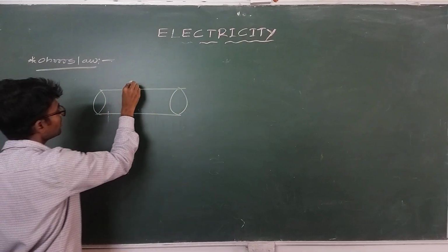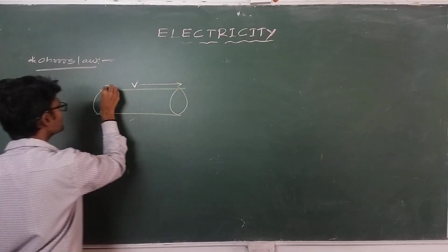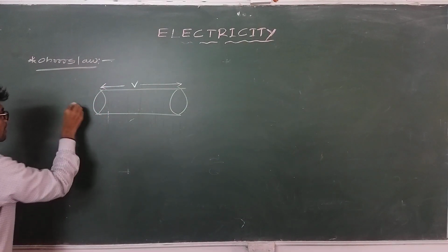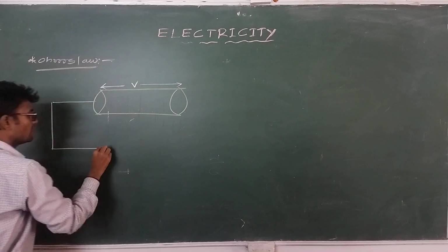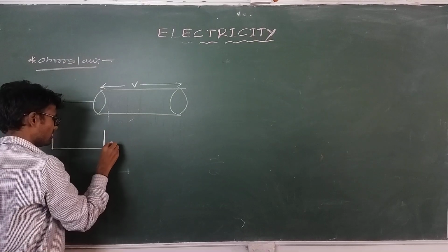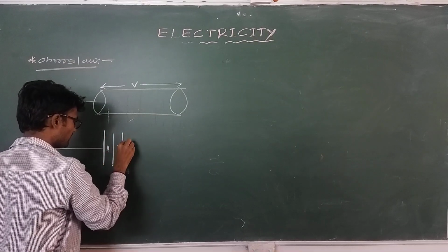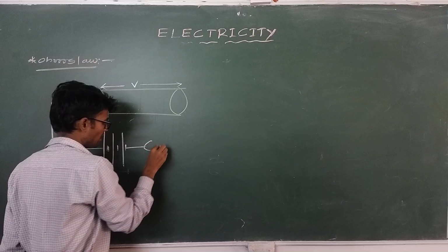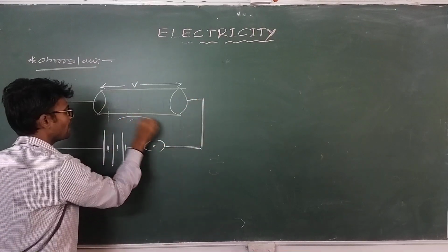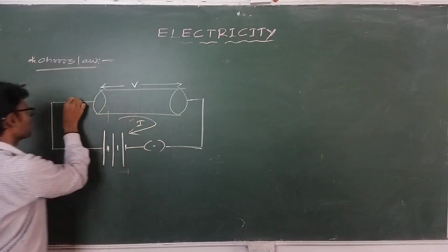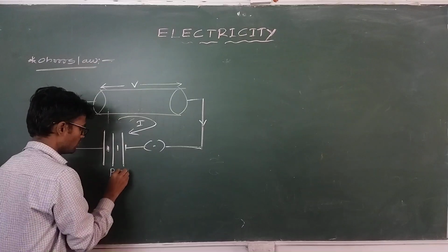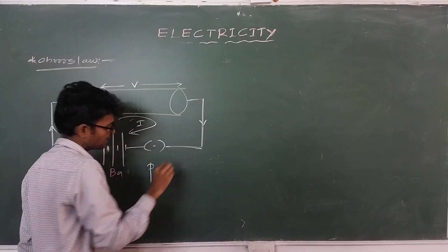V is the potential difference between the ends of the conductor. To this conductor we apply a battery, which, as you already know, is a combination of cells, and then a plug key, which is closed. I is the current flowing in this direction.